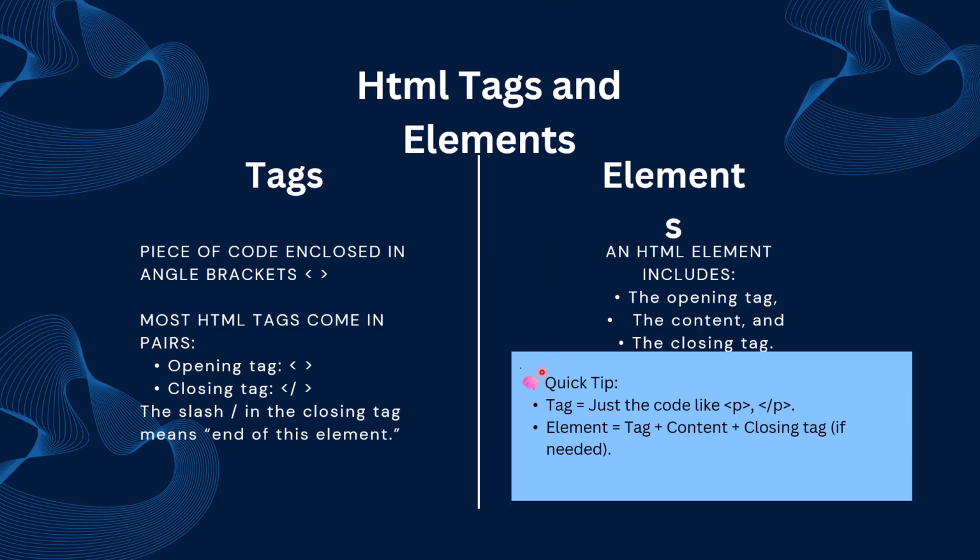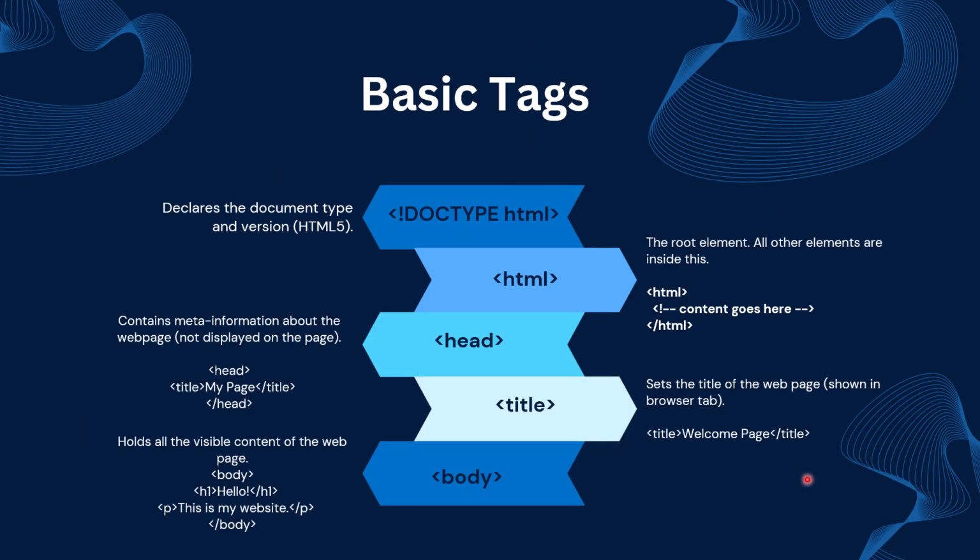Let's see the examples. Let's see the different tags and elements of HTML. These are the basic tags which we use to write HTML documents. First is the document type, which declares the document type and version, which version you are using.